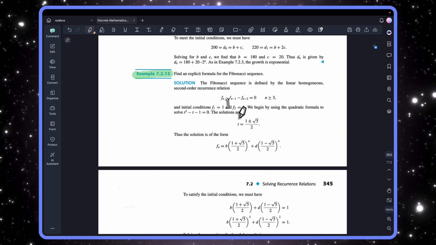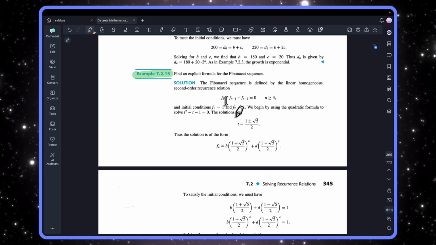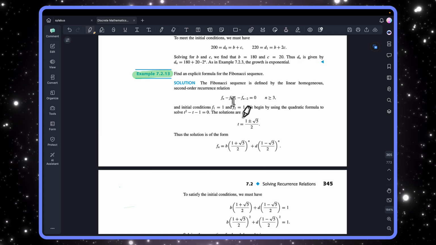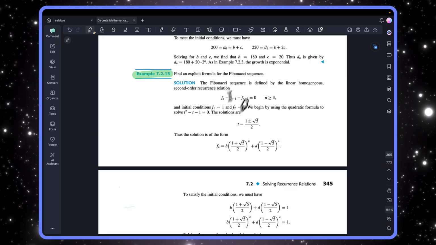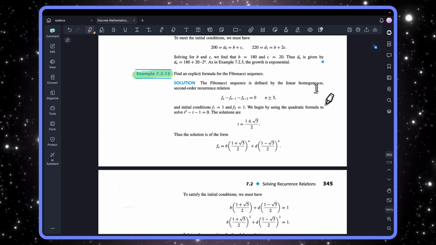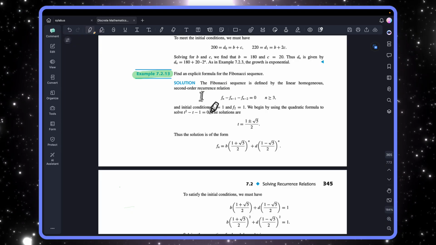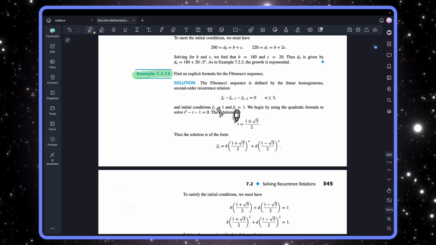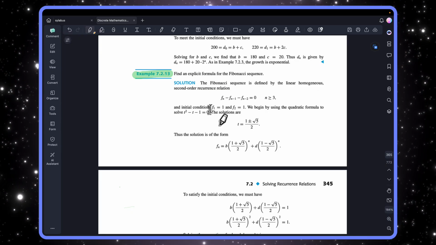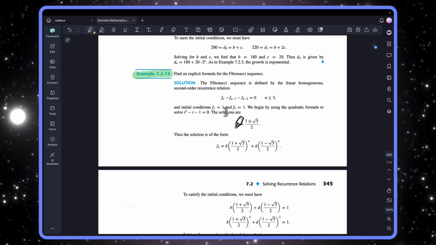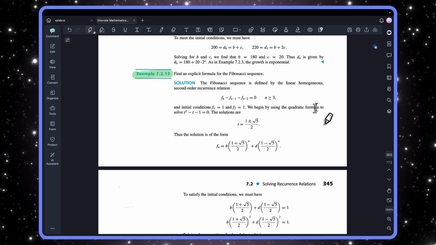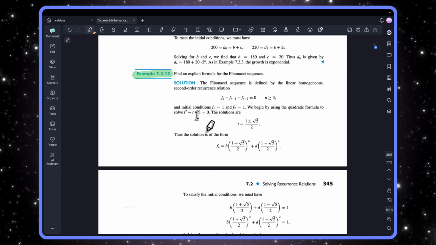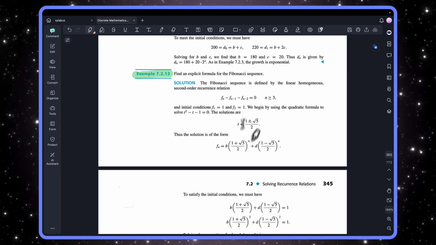We've seen it as F sub n equals f sub n minus 1 plus f sub n minus 2, but this is how you write it out as a homogeneous second-order recursive relation. With the initial conditions of f1 equals 1 and f2 equals 1, we begin by using the quadratic formula to solve. You solve this quadratic and you get these two solutions.